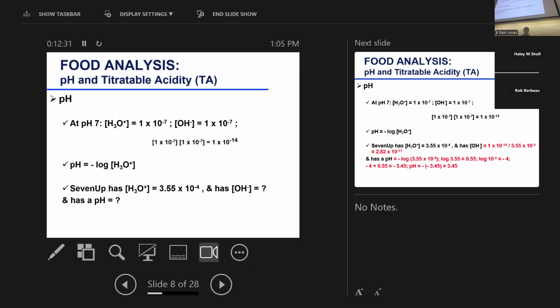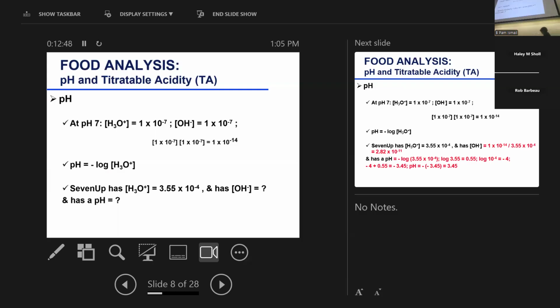What do you get? Yes, Tyler? Hydroxide concentration of 2.8 times 10 to the negative 11. Yes, 2.82 times 10 to the negative 11.